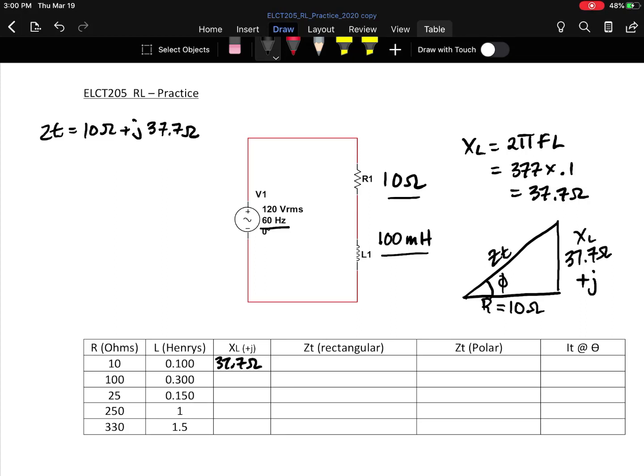So there's my total impedance written in rectangular form. Then I can, of course, convert that to its polar form. In order to do that, I'm going to need my calculator and calculate the value in polar. Let's start by putting that in here. Z total is 10 ohms plus j 37.7 ohms.